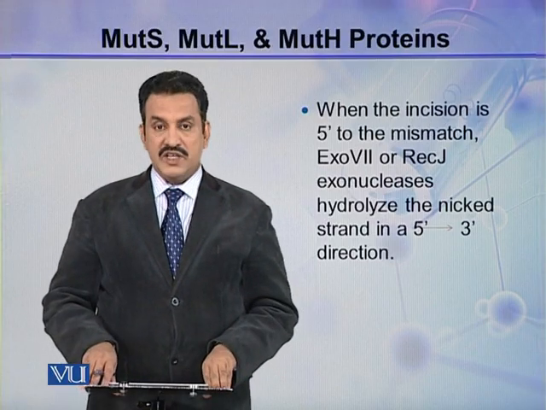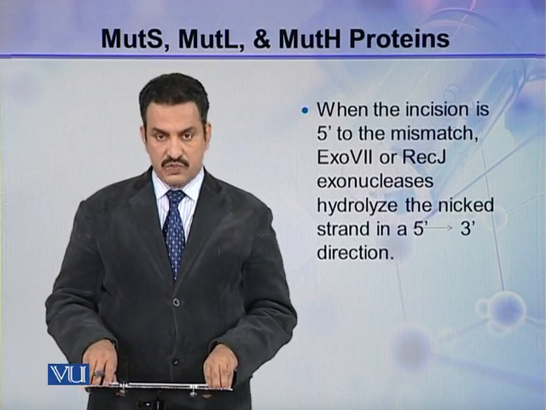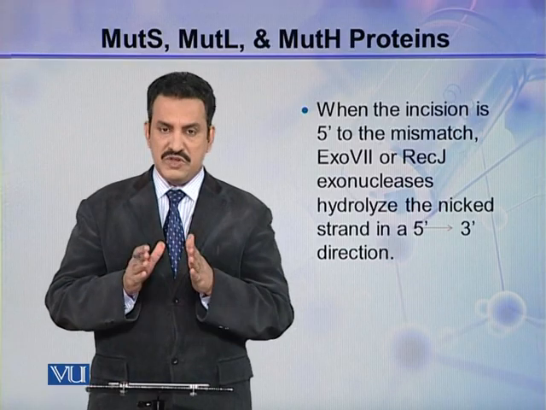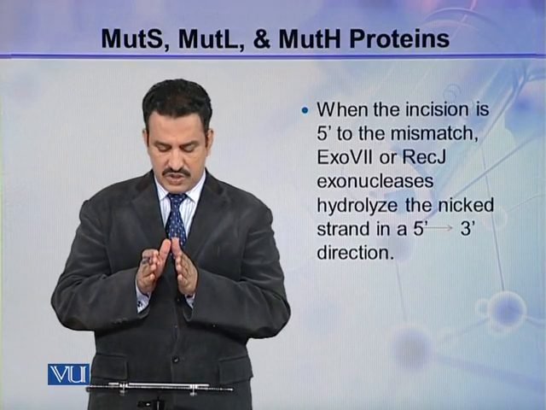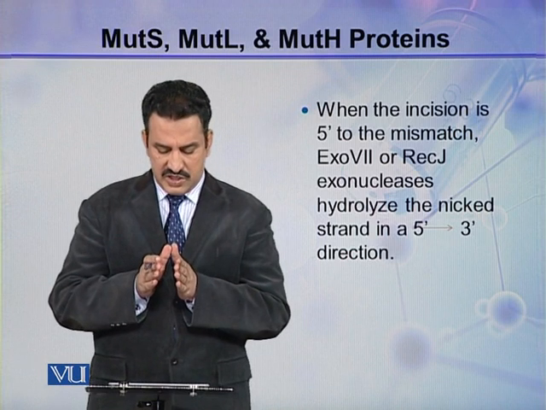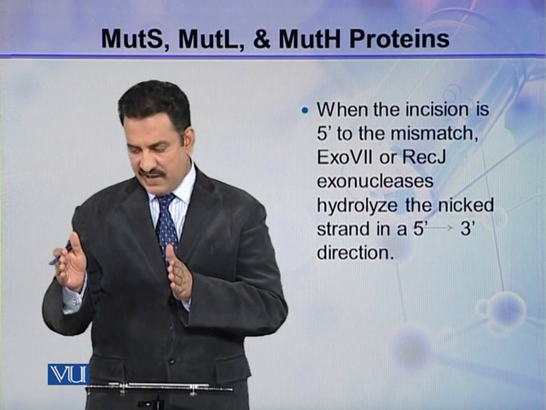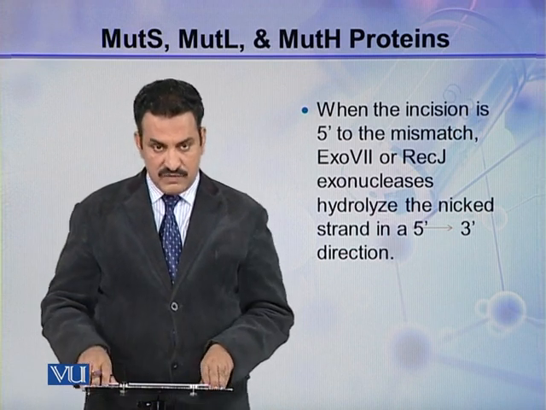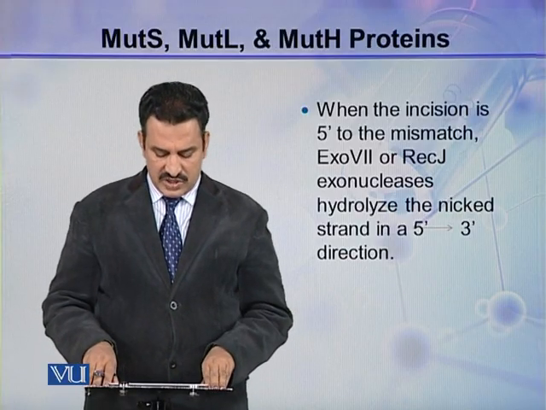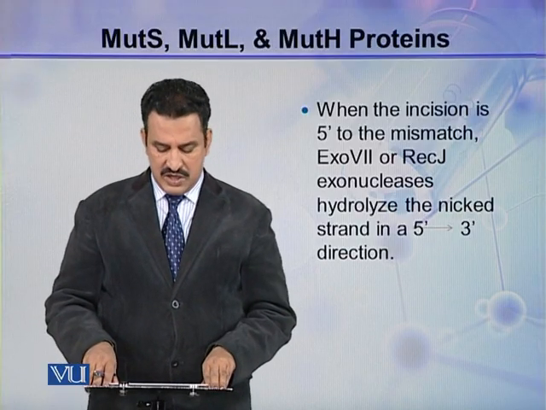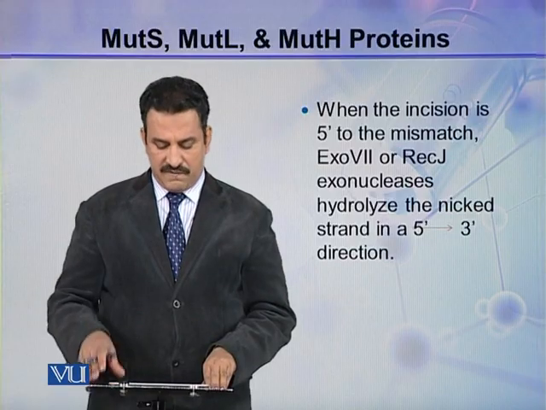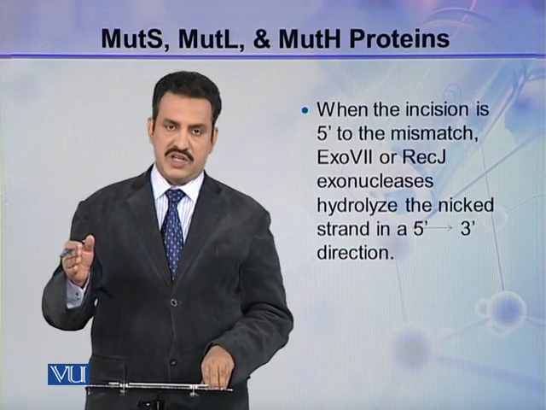When the incision is 5 prime to the mismatch, so if mismatch is here and the incision is towards 5 prime, EXO7 or RECJ exonucleases hydrolyze the nicked strand in a 5 to 3 prime direction.